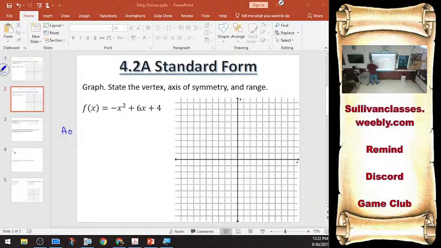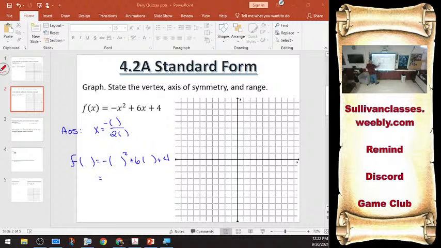My axis of symmetry is always going to be x equals negative b over 2a. Whenever I find that, I will then find the value of it so I can find the other part of my vertex. So, what is b and what is a? 6 and negative 1.